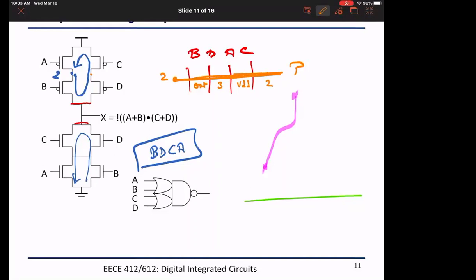This stretch, which is a flat line, is really this curved line here, right?